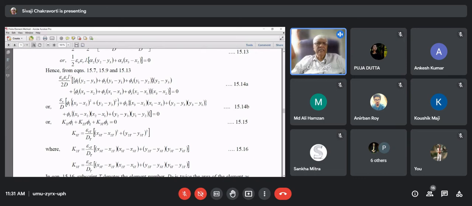Actually, we eliminated this L, which is there in 15.14a, because this L was 1 in the translational direction, that is perpendicular to the xy plane. But now this L is not 1. L is as we have given. And this L will vary from triangle to triangle. So we cannot eliminate L.